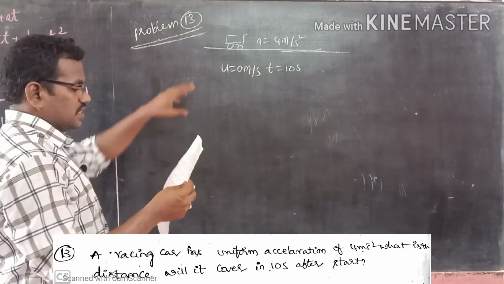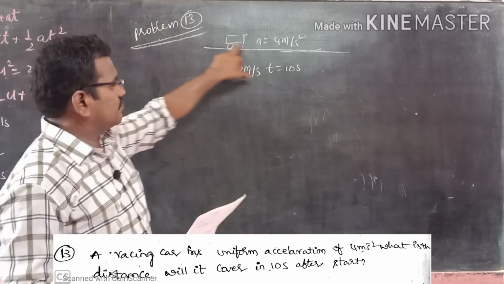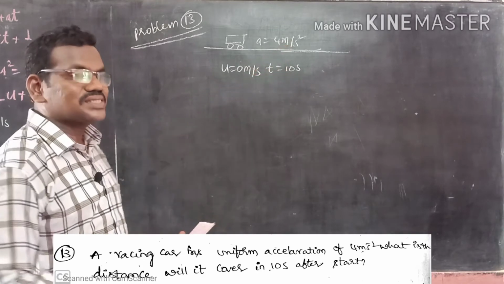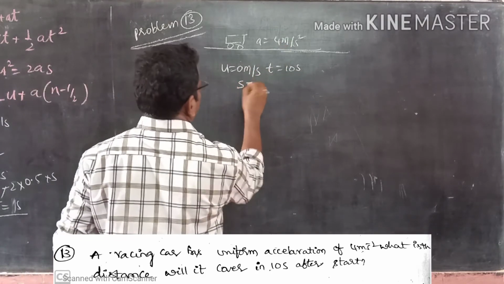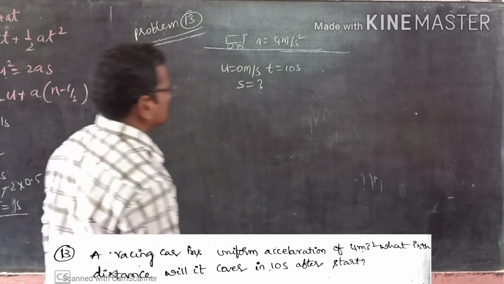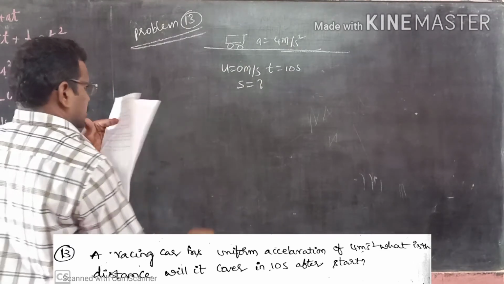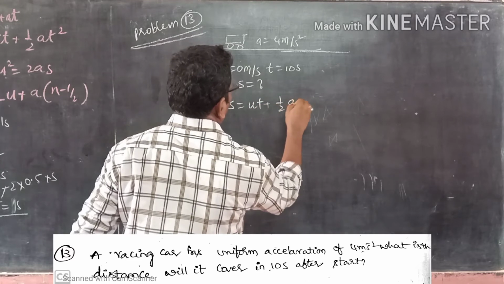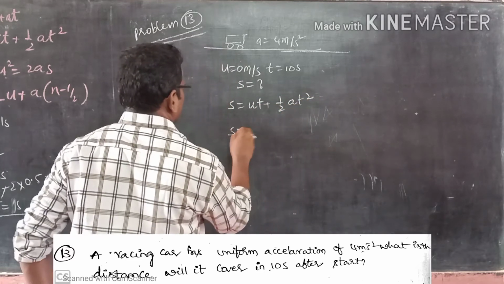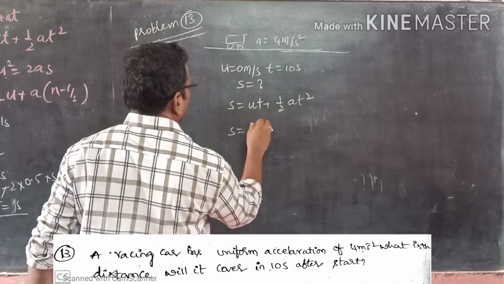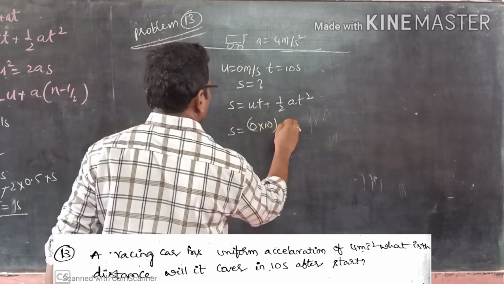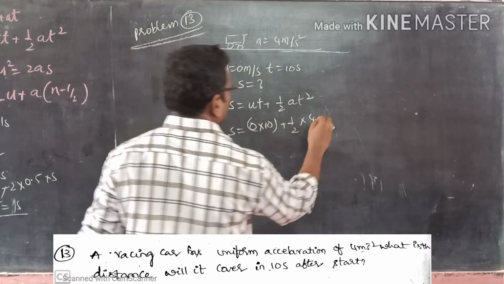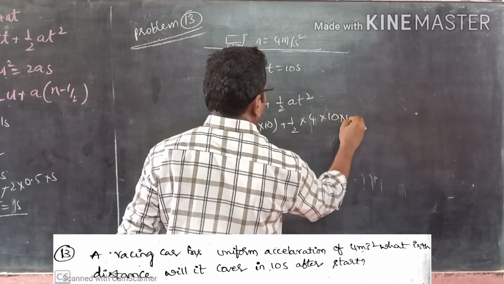So here once again, a racing car has a uniform acceleration of 4 meter per second square. What is the distance it will cover? So s is equal to question mark they are asking. Simple. So the formula becomes s is equal to ut plus half at square. Then s is equal to 0 into 10 plus half into 4 into t square, 10 into 10.